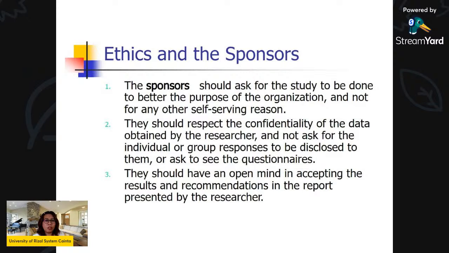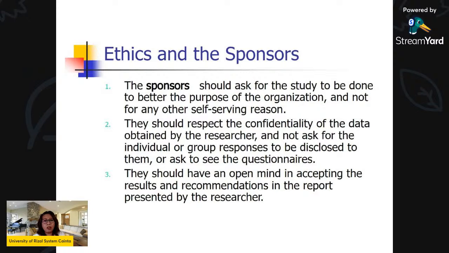They should respect the confidentiality of the data obtained by the researcher and not ask for the individual or group responses to be disclosed to them, nor ask to see the questionnaire. So kapag meron tayong sponsor, hindi nila kailangan makita yung in-identify na response ng bawat individual.